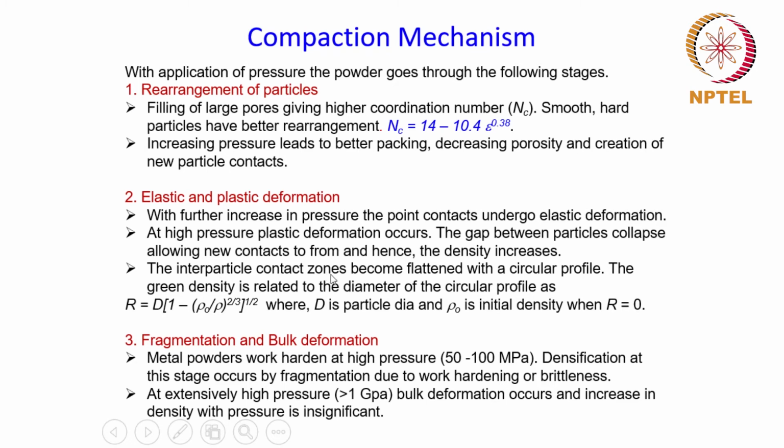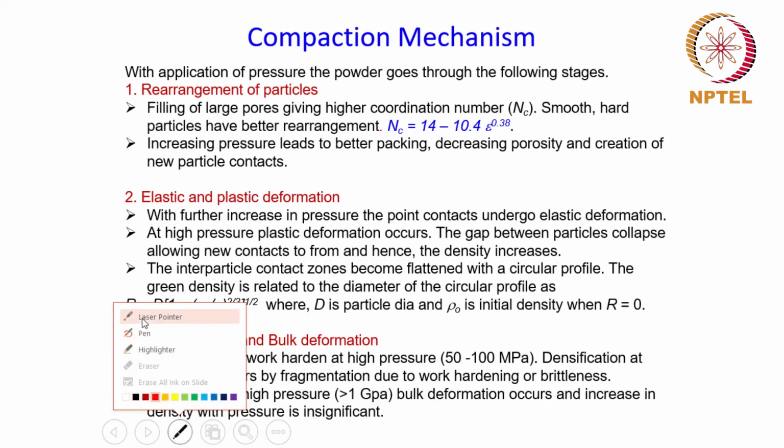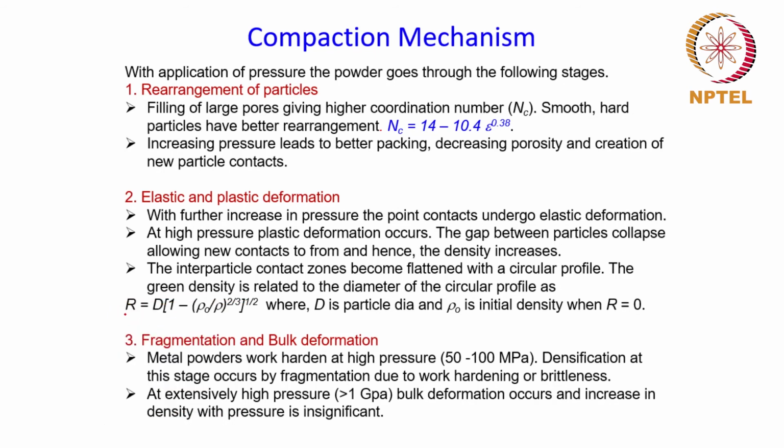The interparticle contact zones become flattened with a circular profile as you apply more pressure, and the green density is related to the diameter of this circular profile by this particular equation that you see over here. Where d is the particle diameter, rho naught is the initial density when r was equal to 0.